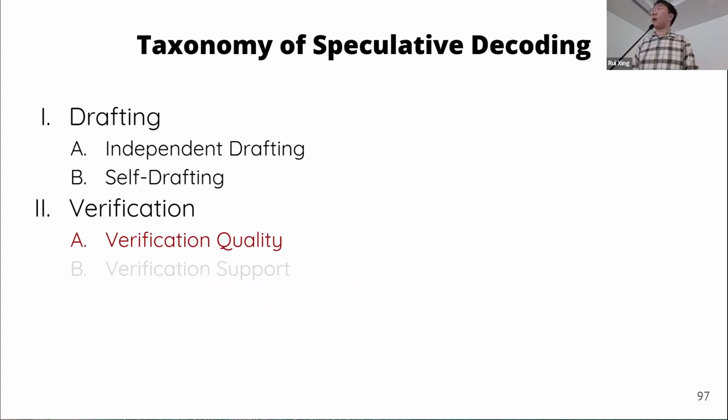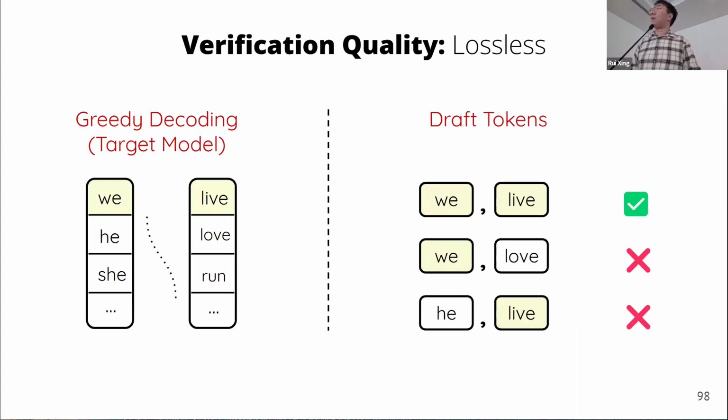So first, we care about the verification quality. We introduced the blockwise decoding method at the beginning. For greedy decoding, if you have a target model, take the top one token at different steps. The first step is we, and the second step is live. So this is the greedy decoding result of the target model. For draft tokens, if you draft we live, it is accepted by the model.